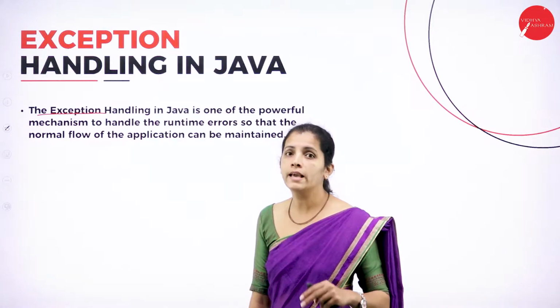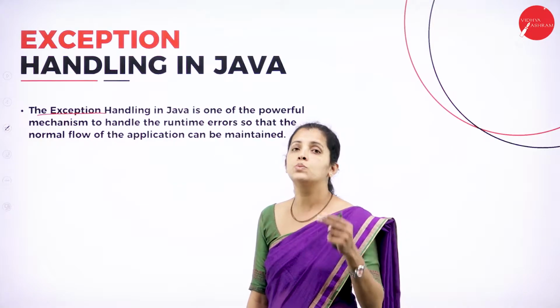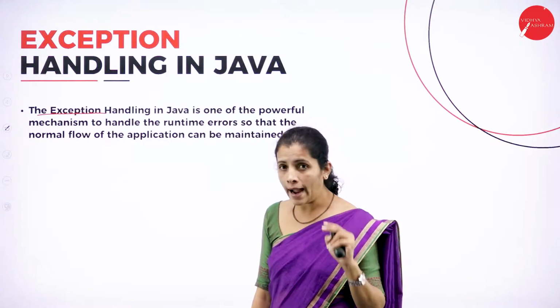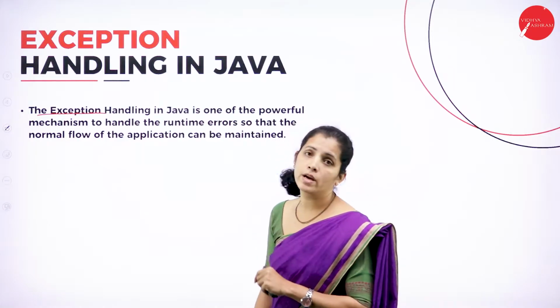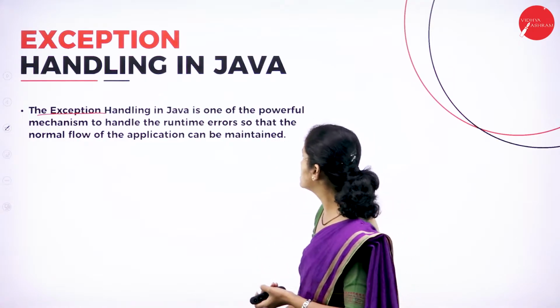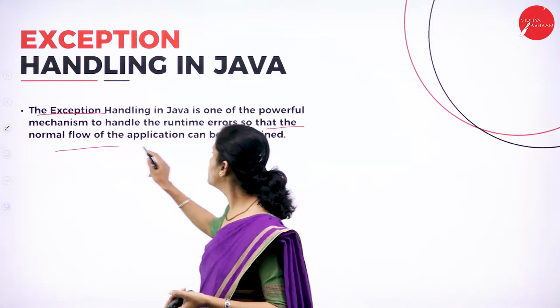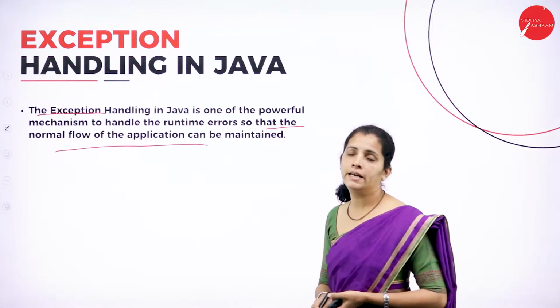So during the execution of the program, it is very difficult to handle the errors. To handle errors in Java, we are going to have runtime exception handling, so that the normal flow of the application can be maintained.